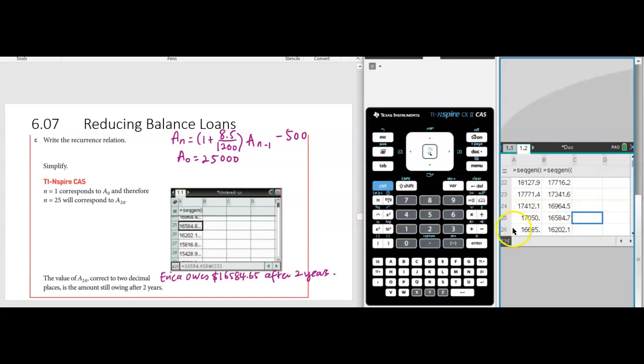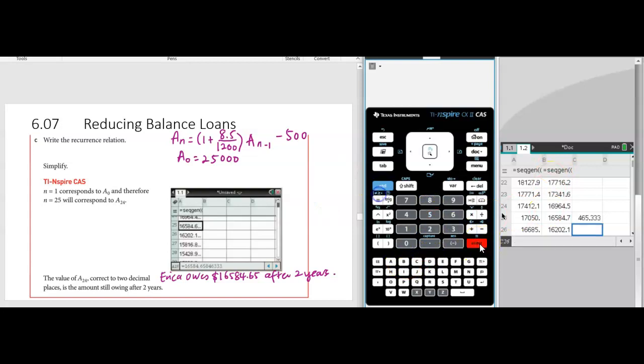I go to row 25, which is your 24th term. I use the previous value, cell A25, minus cell B25.